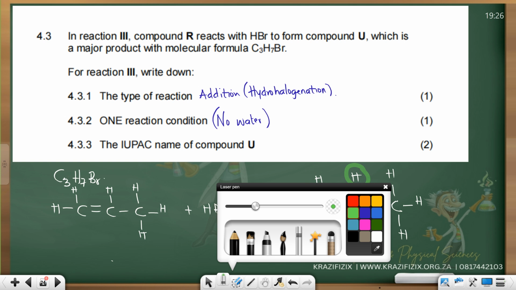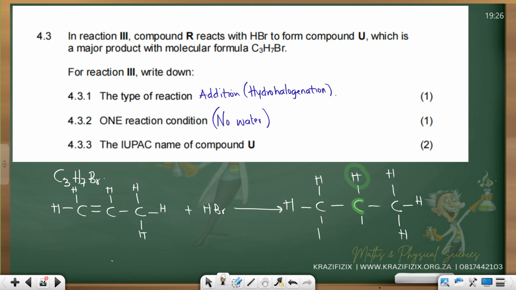So the rich gets richer. The one with more hydrogen will get more hydrogen. So it's important to draw before you name, because you want to confirm, is it going to be on carbon 1 or carbon 2? So what's the name of this thing? 2-bromopropane.